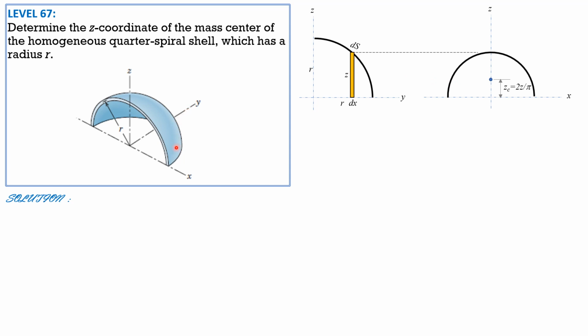When revolved about the y-axis, this is the generated arc. So the length of the strip or differential element is ds, and the distance traveled by the centroid is this circumference here, which is pi times radius, pi times z. So differential surface area is ds times pi times z, which is the length of that path.